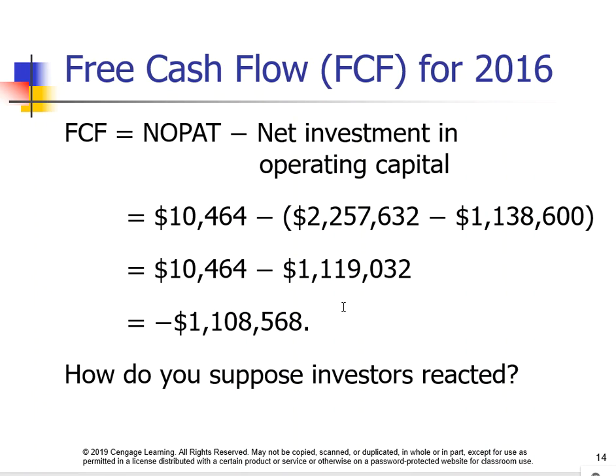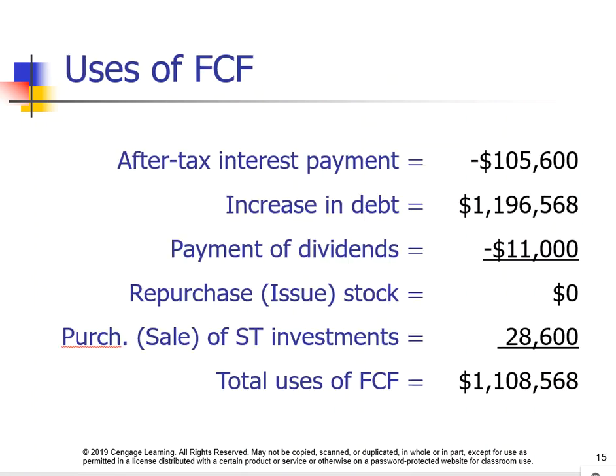Well, it depends. If they're changing technologies or investing for a new line of business, this isn't necessarily bad, because you have to invest before you get the return on your investment. So you have to know the reason for the negative free cash flow, and certainly you don't want year after year after year of negative free cash flow.